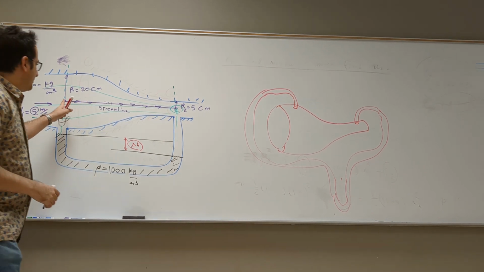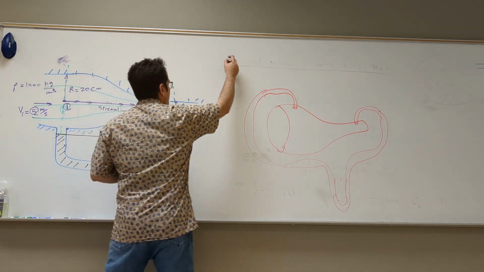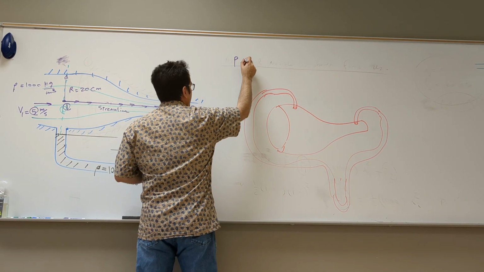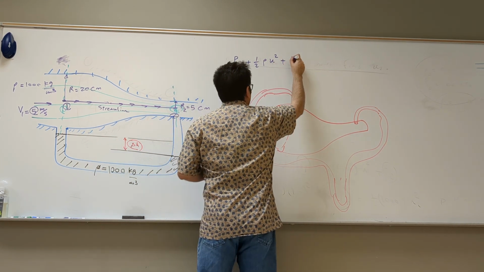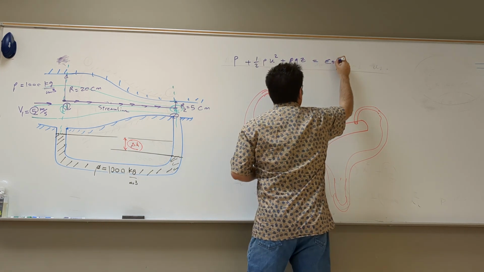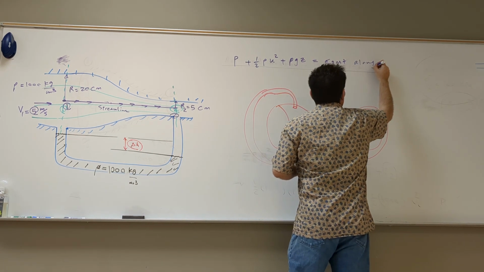So I can perfectly well, between points 1 and 2, write the Bernoulli equation: P plus 1/2 rho U squared plus rho gZ is equal to constant. You remember last time we said constant along the streamline.